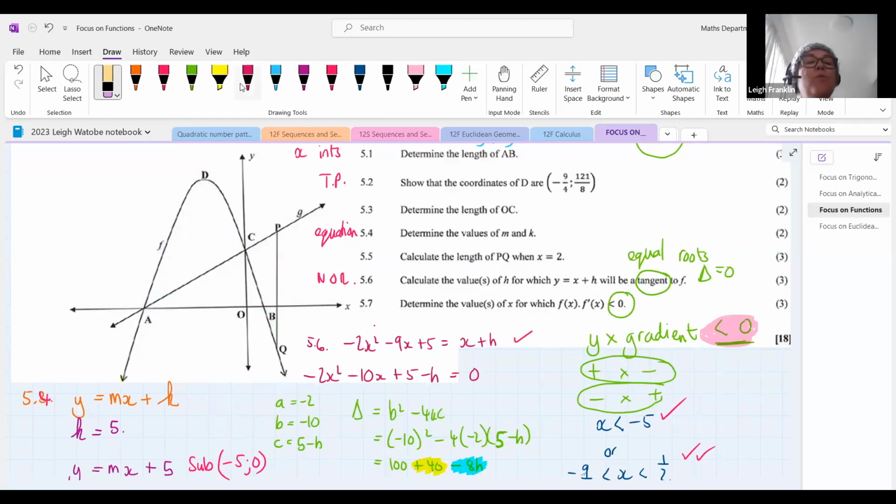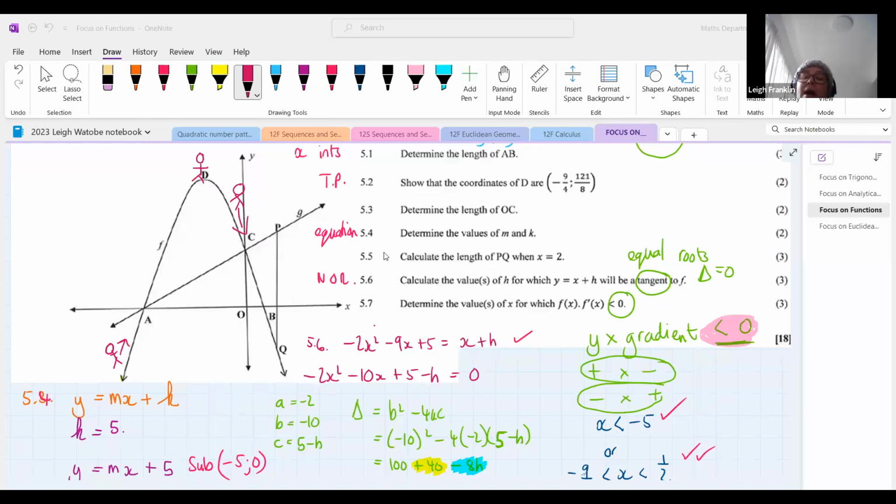So if you are over here, you're walking uphill. Over here, your gradient's not doing anything. And then when you get over here, you are walking downhill. So we always work as x is getting bigger. Does that make more sense to you? Okay, all right, cool beans.